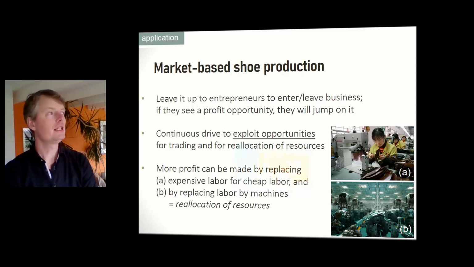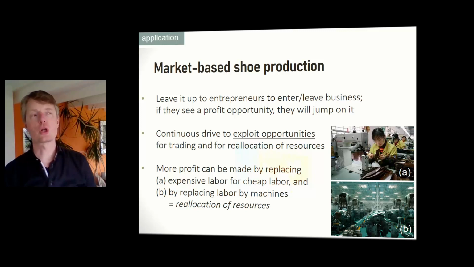And so we leave it up basically to entrepreneurs to exploit profit opportunities here, so they can leave or enter the business if they like, and they have all the incentives to actually exploit opportunities for trading and also for the reallocation of resources within the production side of the economy.